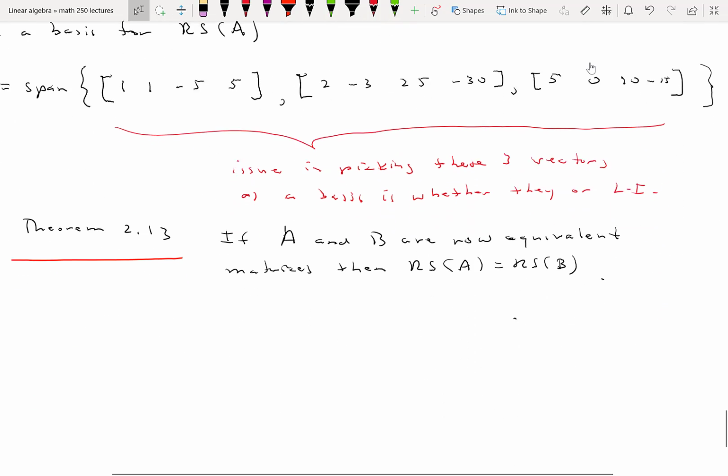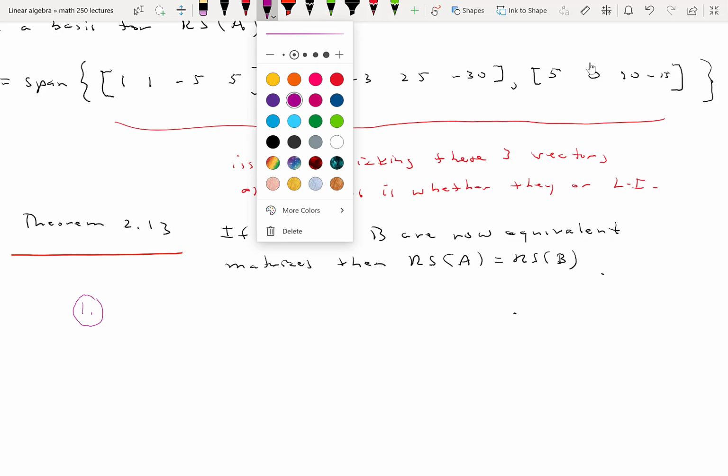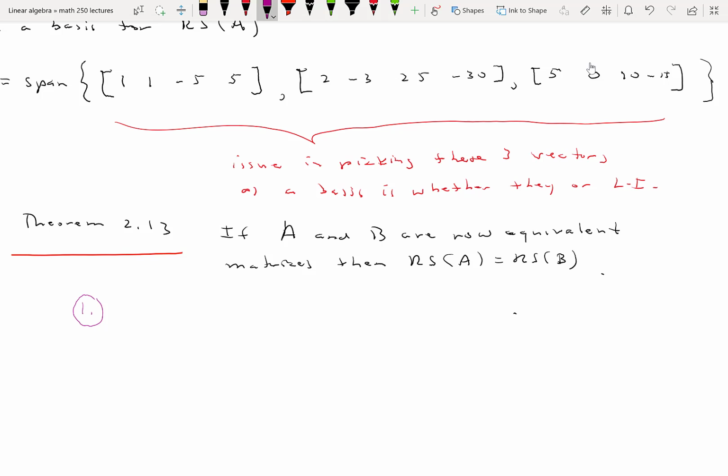I'm going to go to purple for the steps again. You might want to refer to these steps in your homework. It's very convenient to have this all boiled down to 4 steps, and in the previous procedure for null space, I think it was 3 steps.